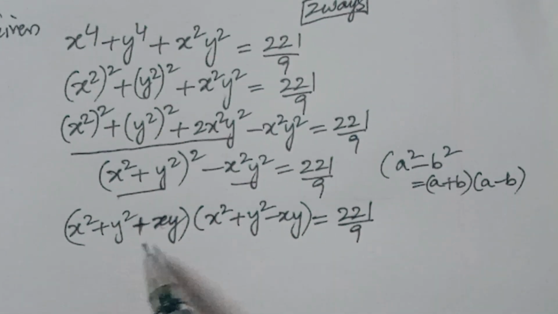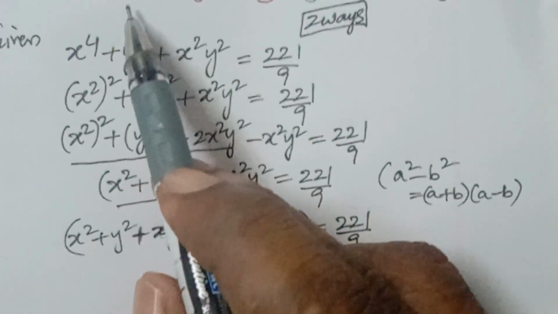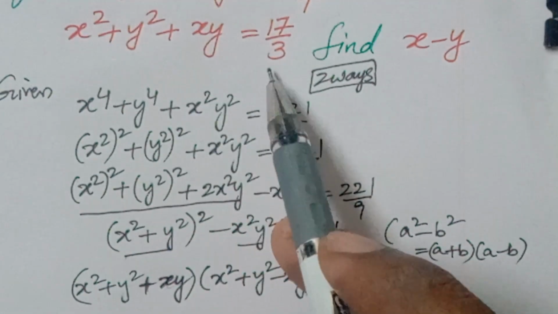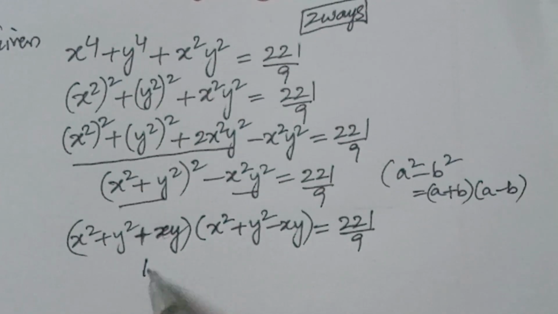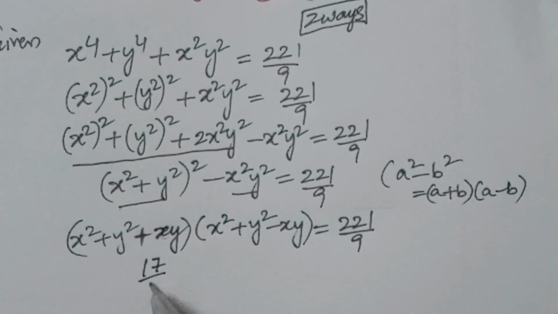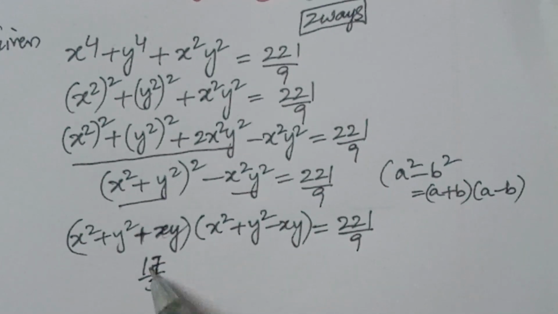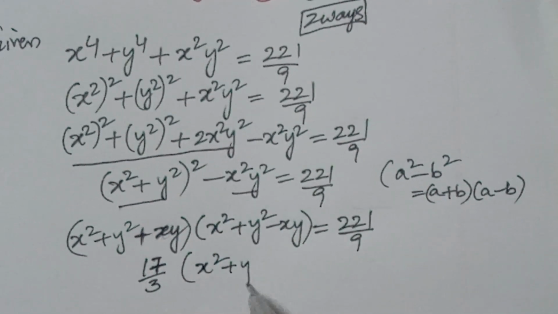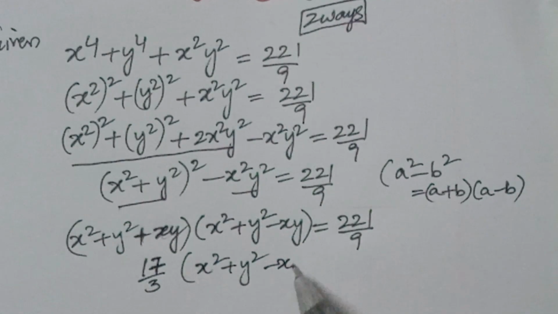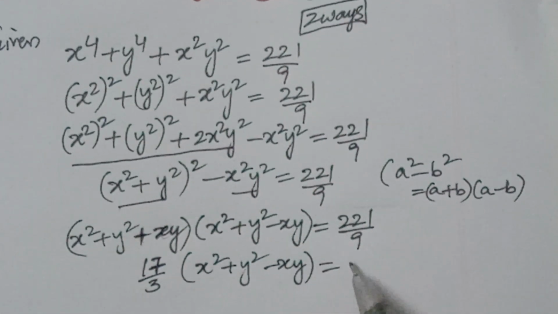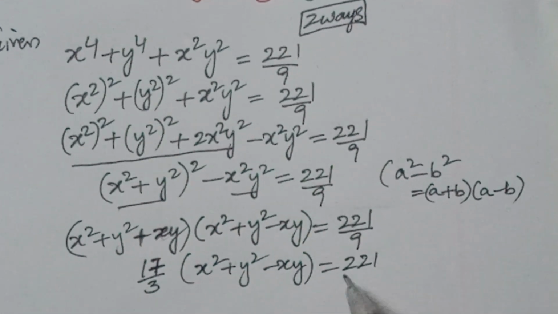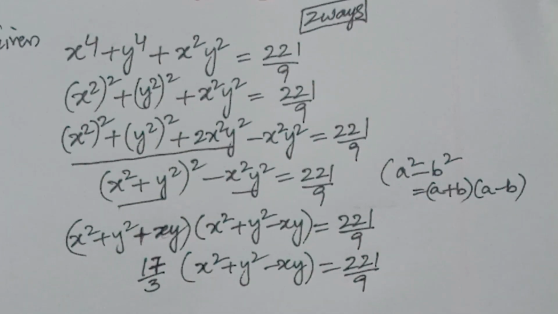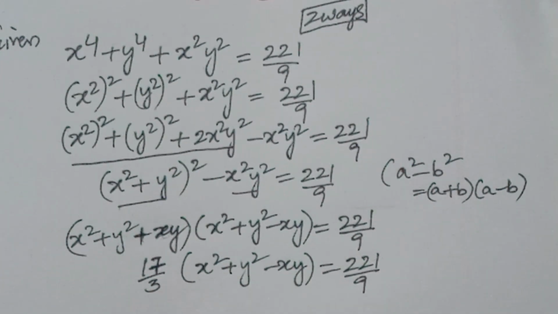Here the second equation is given: x square plus y square plus xy is 17 by 3. So replace this with 17 by 3, into the bracket x square plus y square minus xy, is equal to 221 by 9. So here it will cancel.